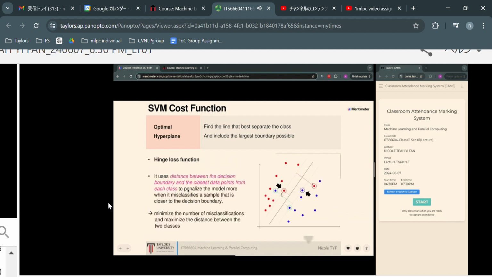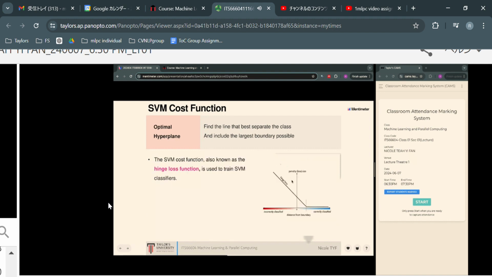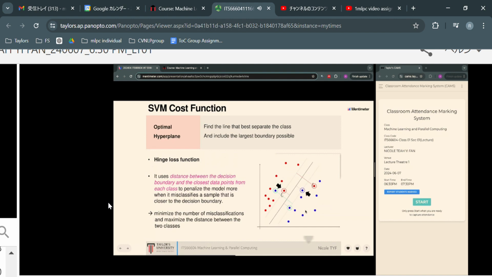Now, what is the hinge loss function? The hinge loss function uses the distance between our decision boundary and the closest data points from each class to penalize the model more when it misclassifies a certain class. What we are trying to do is minimize the hinge loss function in order to maximize the number of correctly classified instances.